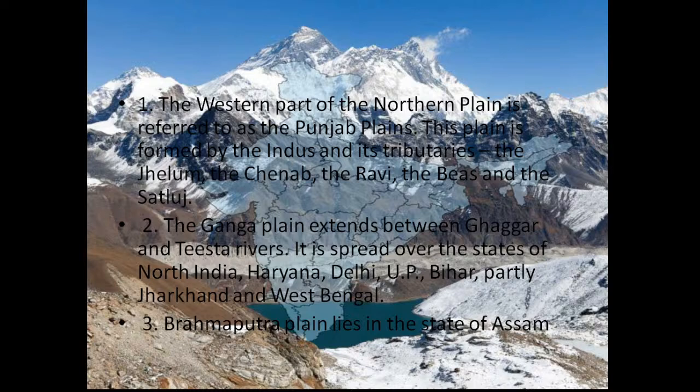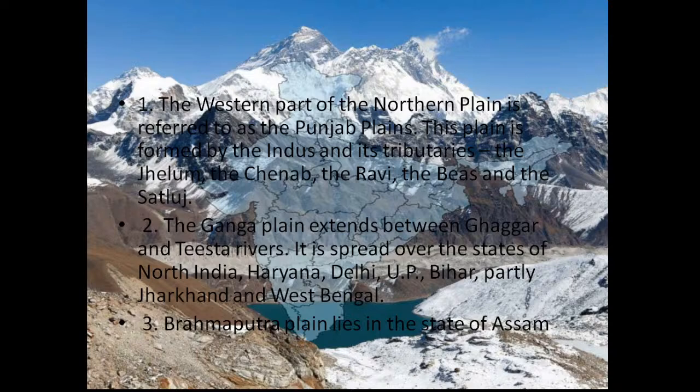The Ganga plain is spread over the states of North India: Haryana, Delhi, Uttar Pradesh, Bihar, partly Jharkhand and West Bengal. To its east, particularly in Assam, lies the Brahmaputra plain. Remember children, to its east in Assam lies the Brahmaputra plain.